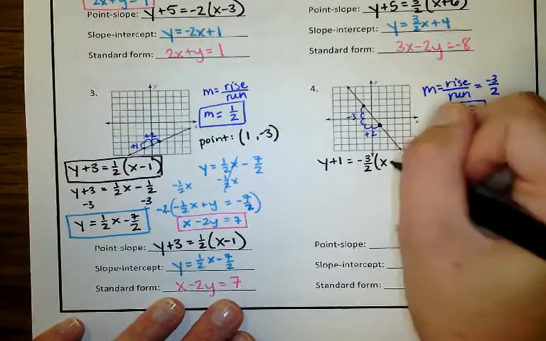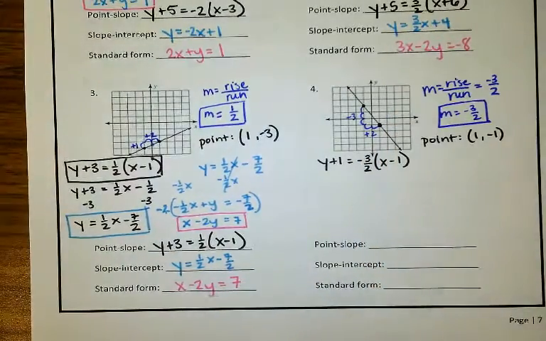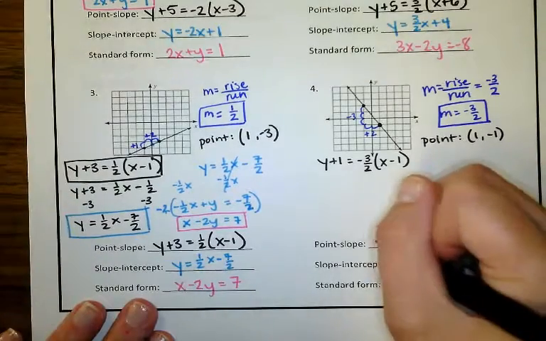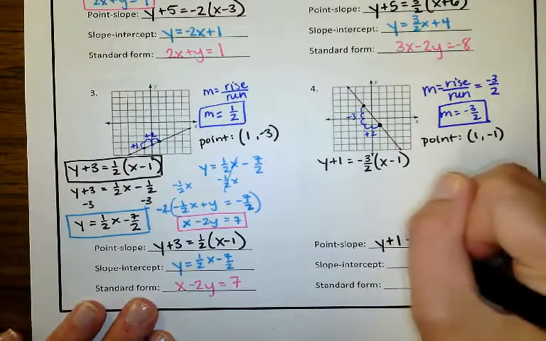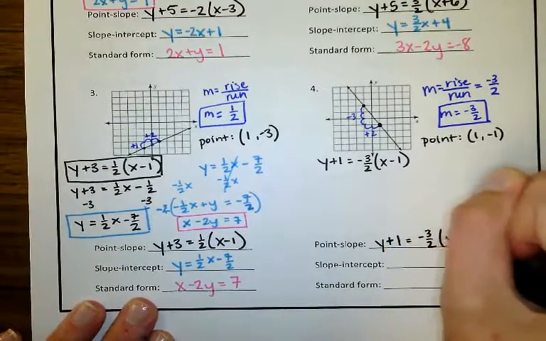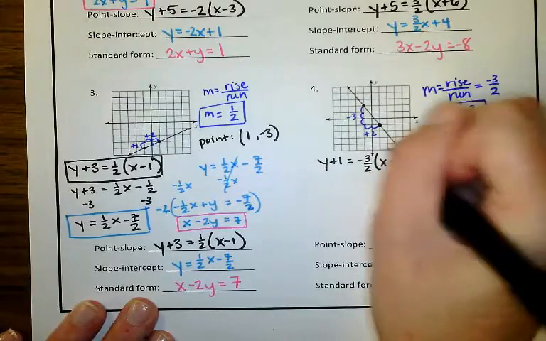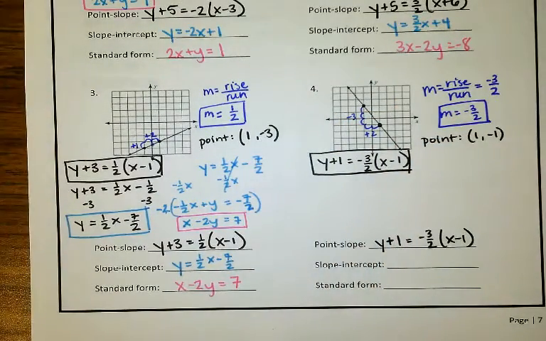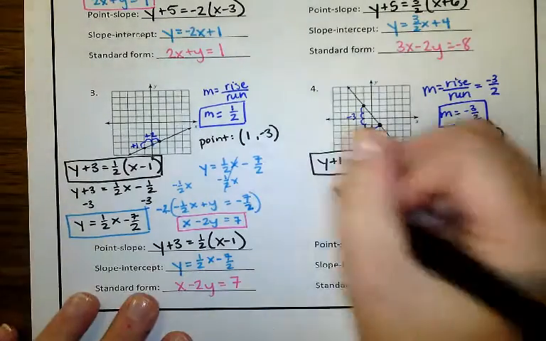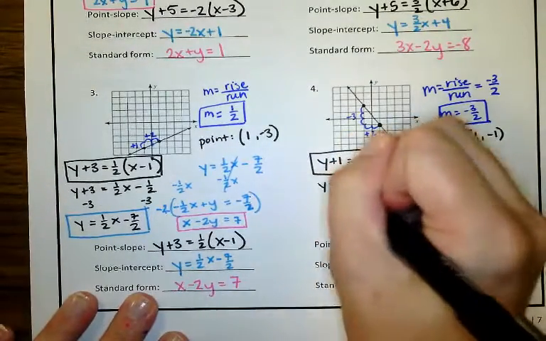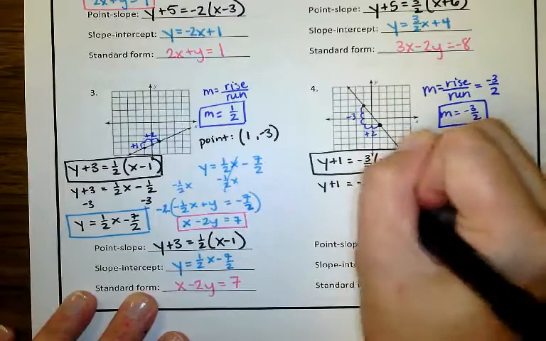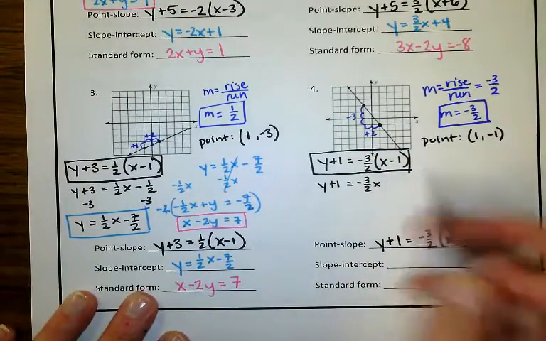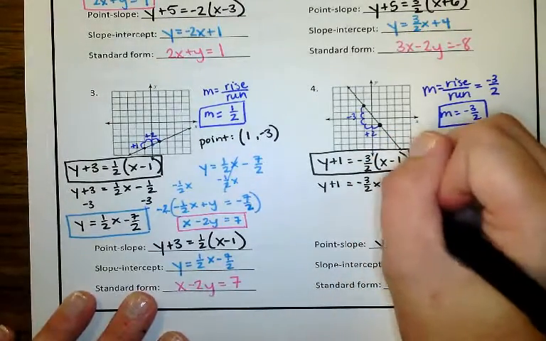So I'm going to go ahead and write that in there. Okay. Perfect. Then we're going to take this and we are going to convert it into slope-intercept form. So this is still y plus 1, but we have negative 3/2 x. Negative 3/2 times negative 1 is a positive 3/2. Then we're going to subtract 1, which is the same thing as 2 over 2.